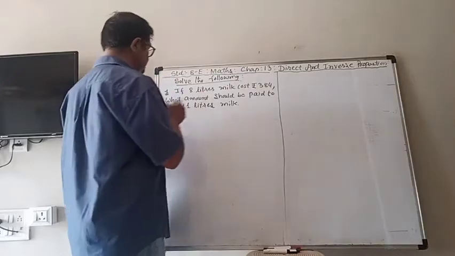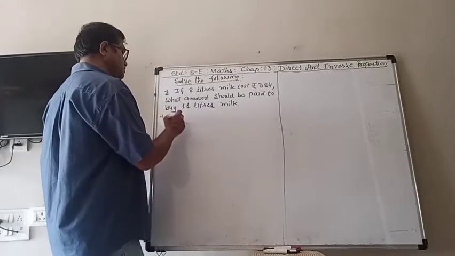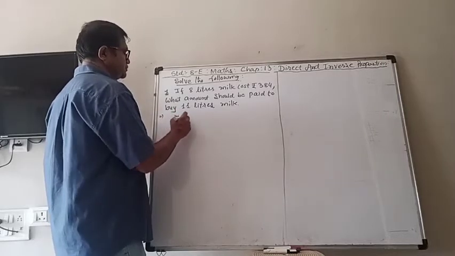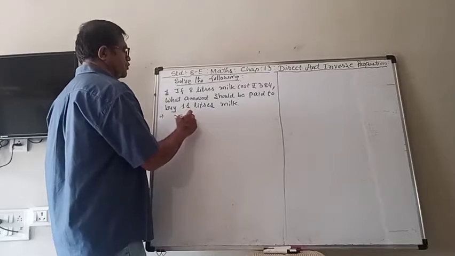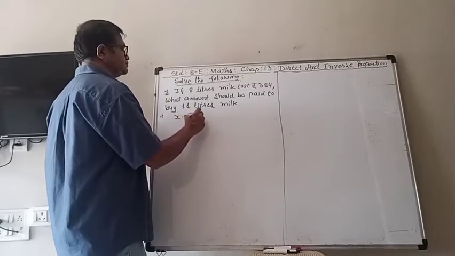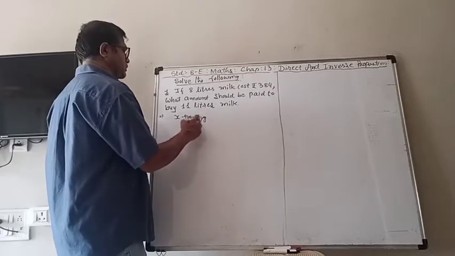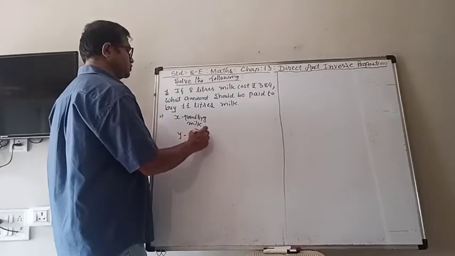So here we can write down X, that is the quantity of milk, and Y as cost in rupees.